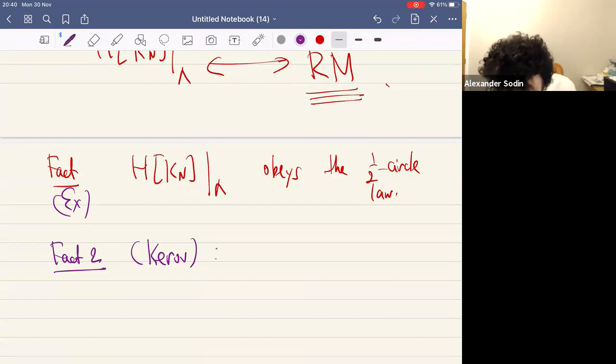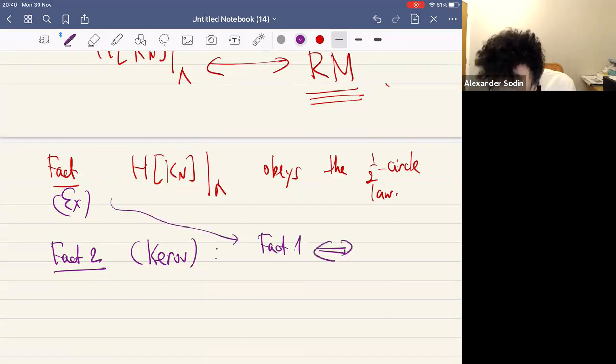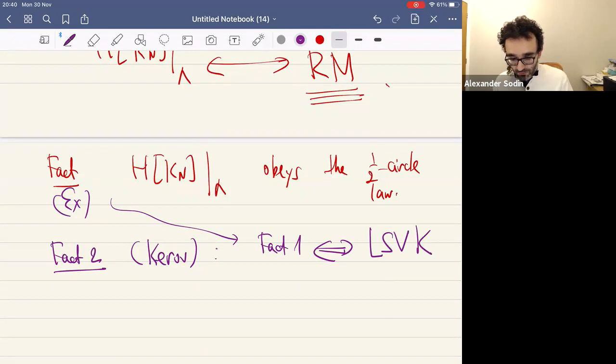And this fact says that fact number 1 is literally mathematically equivalent to the LSVK shape for the shape of the random Young diagram distributed according to the Plancherel measure.